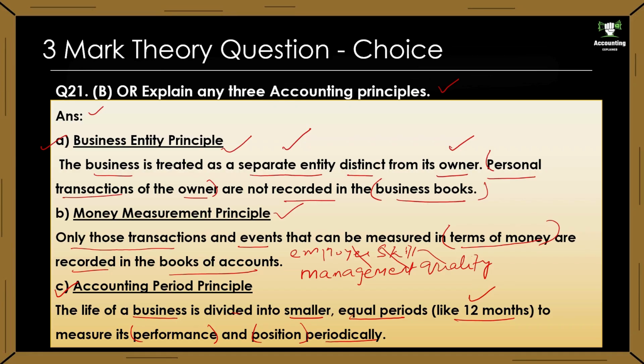This allows us to prepare financial statements like the P and L account and balance sheet for each period, that is for 12 months, either from Jan to December or April to March, whatever financial year you take, to measure the performance of the business. So these are the 3 accounting principles. You can choose to answer either option A or option B in your exam.